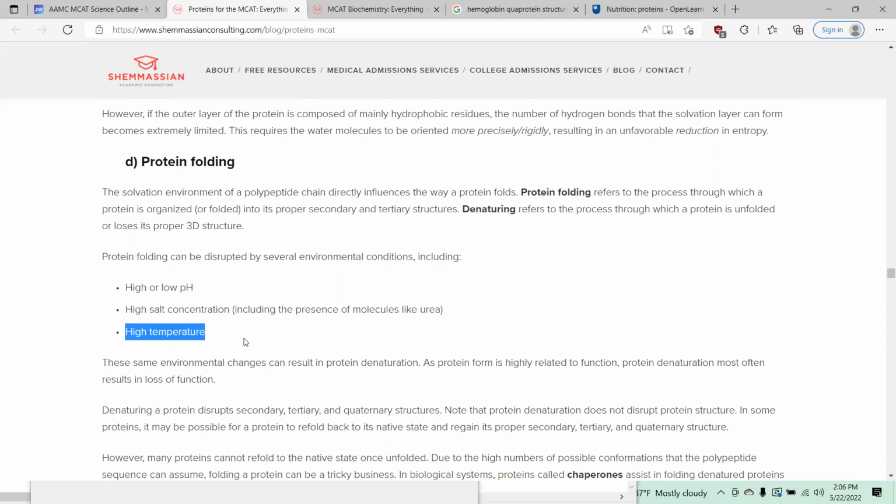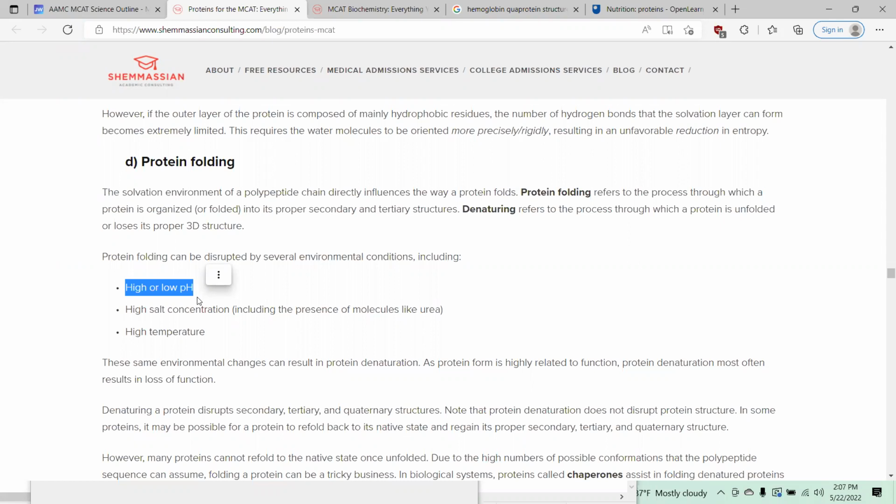When you're cooking an egg, you're denaturing the proteins of the egg, and there are multiple ways that you can denature proteins: either through high temperature, which disrupts the hydrogen bonding, or high salt concentration, which also messes with the hydrogen bonding, and also things like disulfide bridges or the bonds between the negatively and positively charged amino acid groups, or high and low pH, because as we briefly talked about before, amino acid groups can get protonated and deprotonated, right?